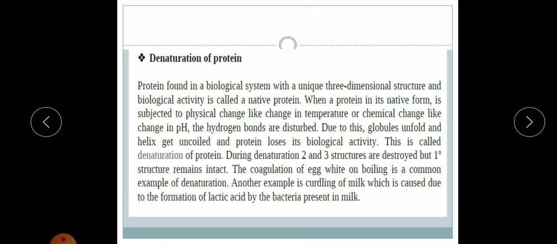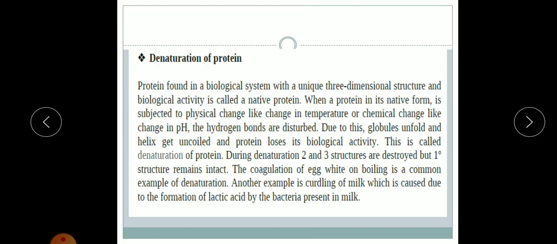When this native protein, which we can call a natural protein, is subjected to a physical change like change in temperature or a chemical change like change in pH, the hydrogen bonds are disturbed.